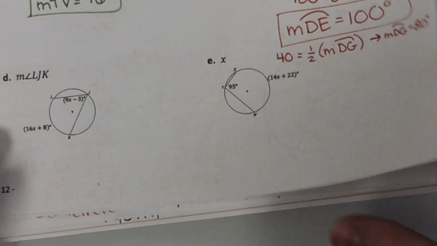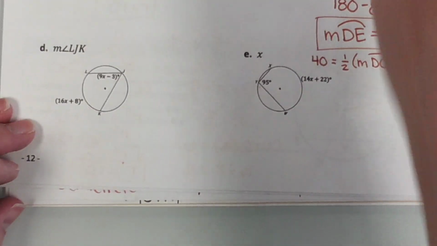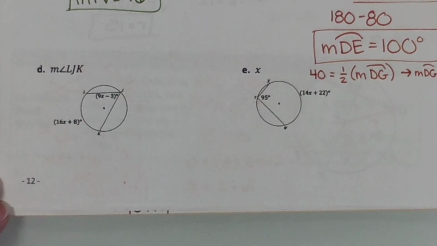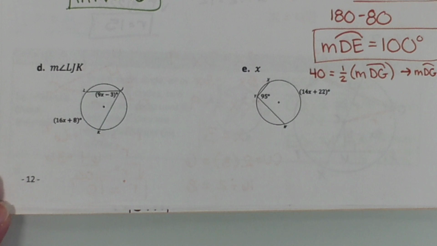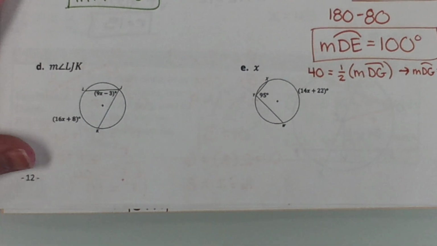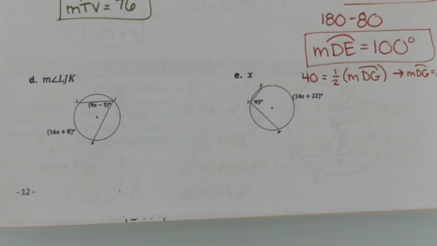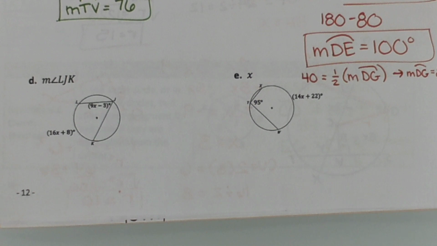Okay. Next one I'm looking for is the measure of angle LJK. That is the inscribed angle in this picture. Now I've got variables involved, so I've got to make sure I'm plugging things into the formula in the correct place. Is the angle alone or is the arc alone in the formula?